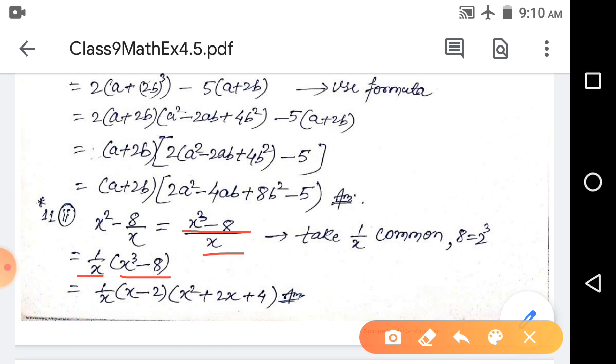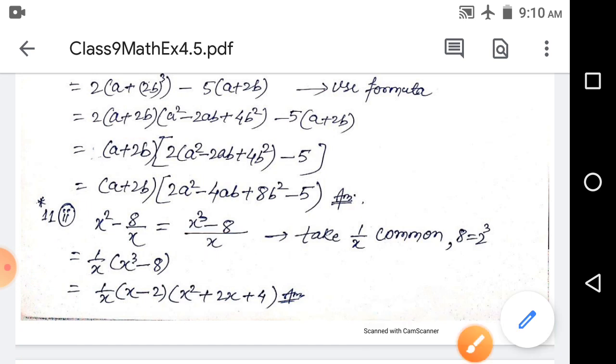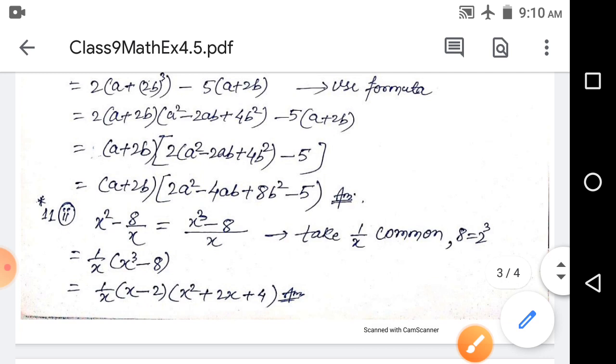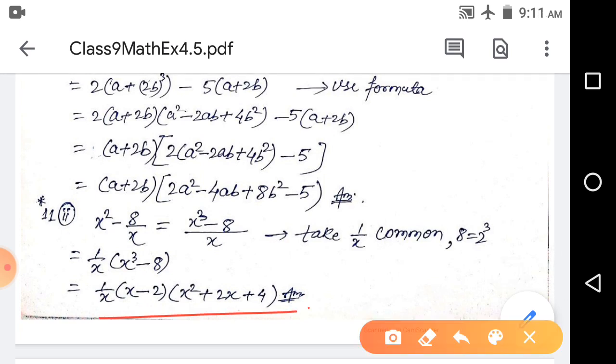Now x cube minus 8 is the difference of two perfect cubes, and we can use the formula here because 8 is 2 cube. So it is x cube minus 2 cube, that is x minus 2 whole into x square plus 2x plus 2 square, that is 4. Now this is the final factorization, so this is the answer.